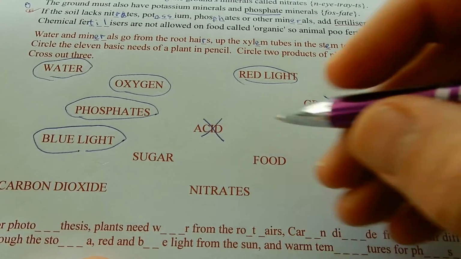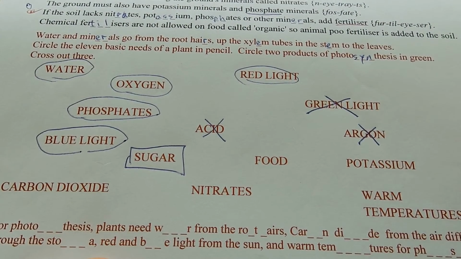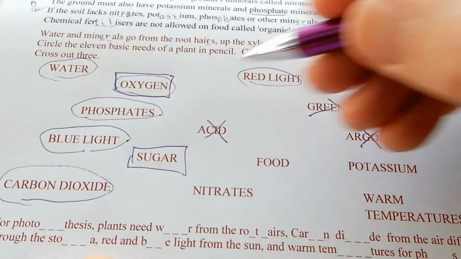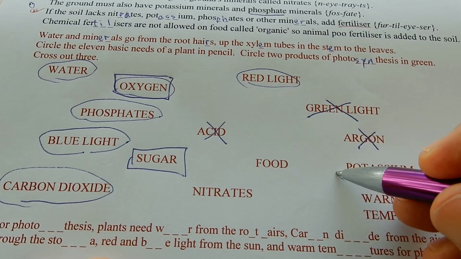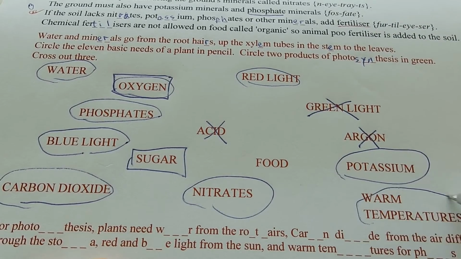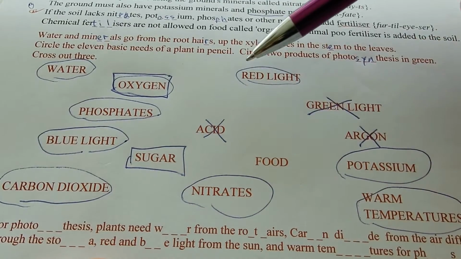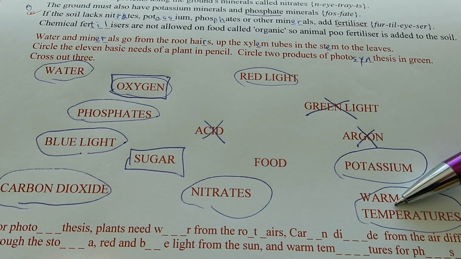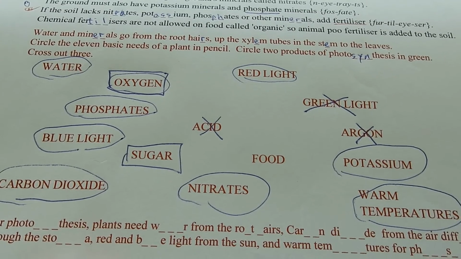Circle 2 products. Oh, products. Oh, I'm going to rectangle them. I hope that's okay. Sugar is a product and oxygen is a product. They need carbon dioxide to do photosynthesis. Potassium. They need potassium to do photosynthesis. Nitrates. They need to do photosynthesis. And warm temperatures. They need to do photosynthesis. How many have I circled? 1, 2, 3, 4, 5, 6, 7, 8. Oh dear.